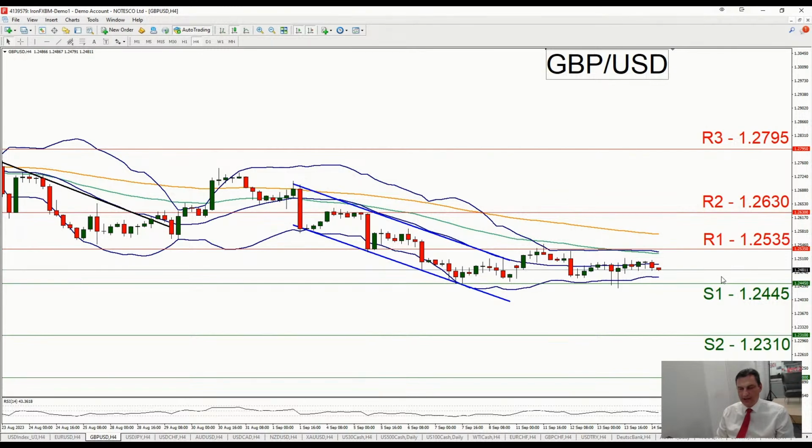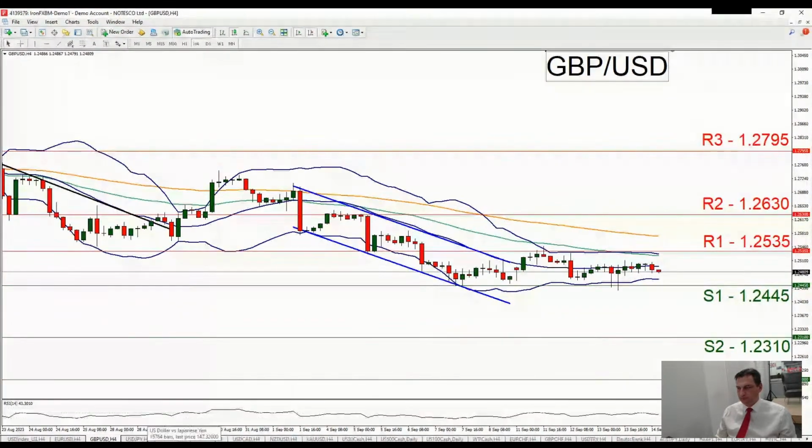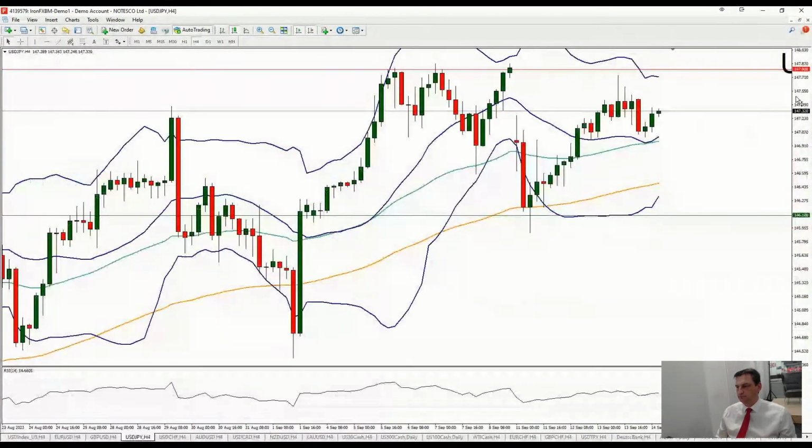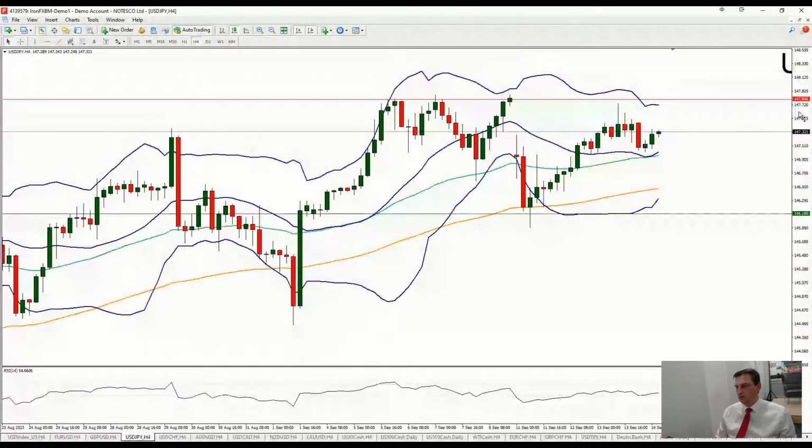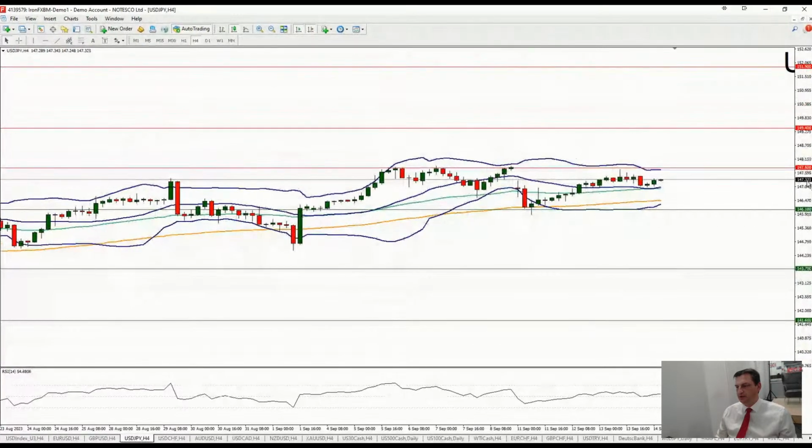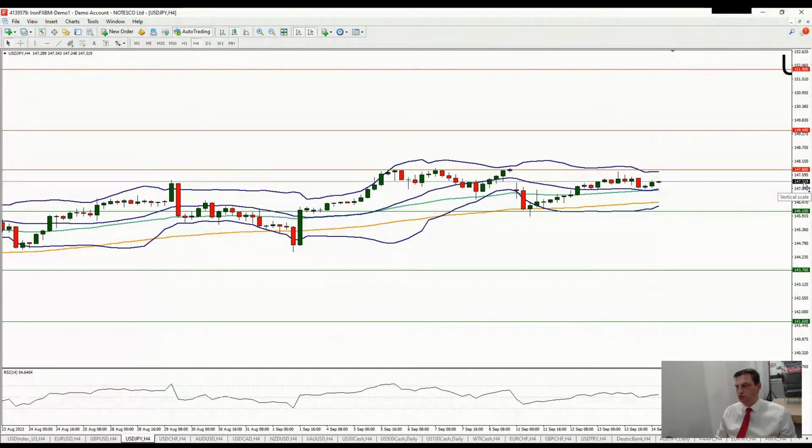Okay, let's have a look at USD/JPY. Also, which tends to maintain a rather solid sideways motion.